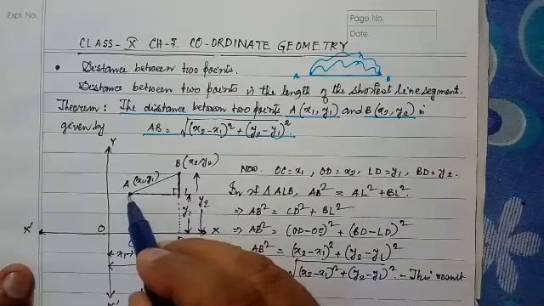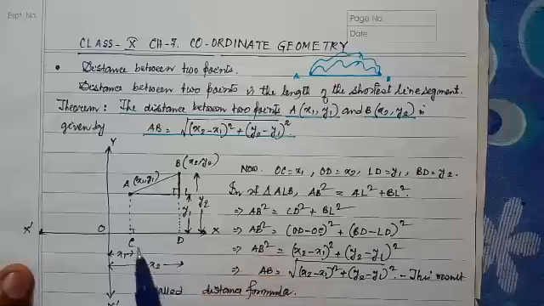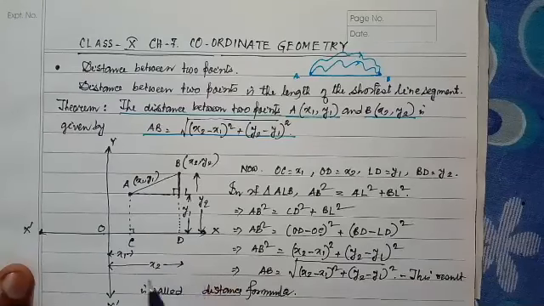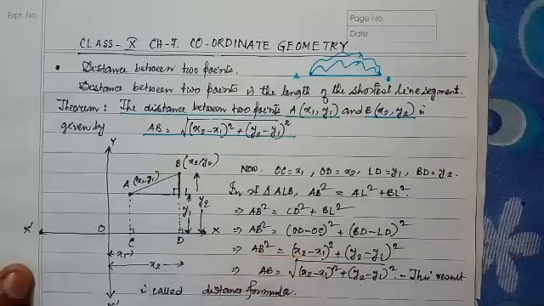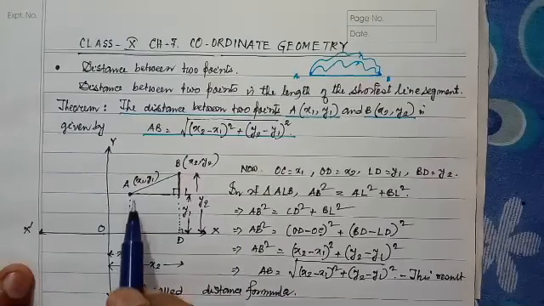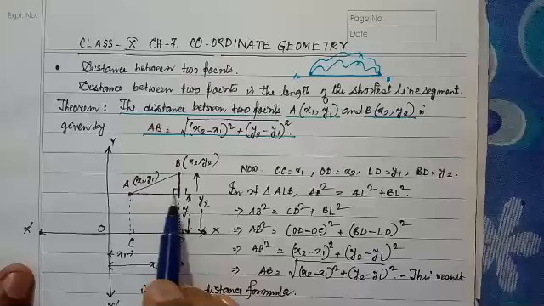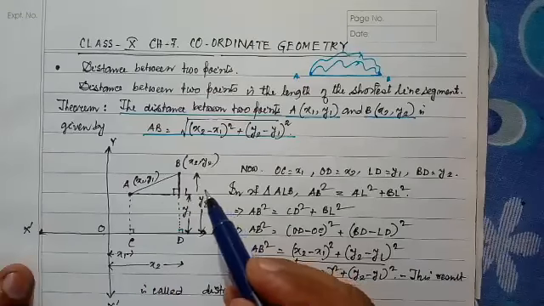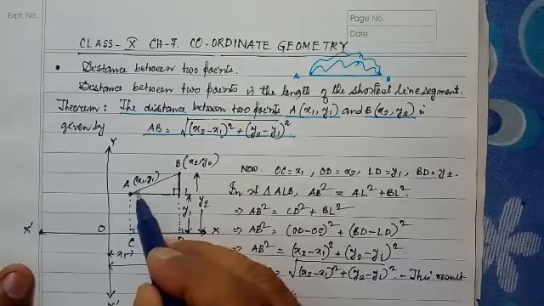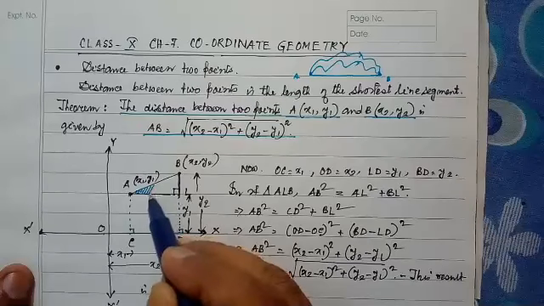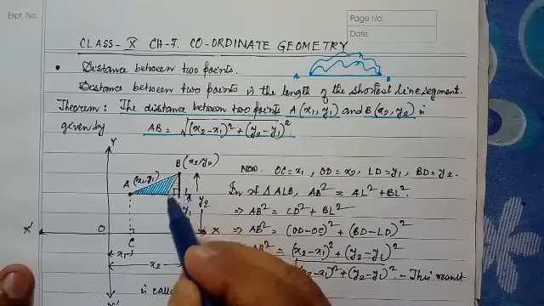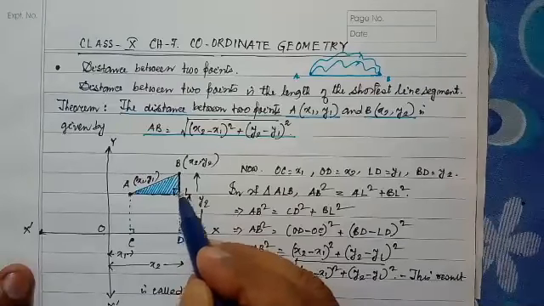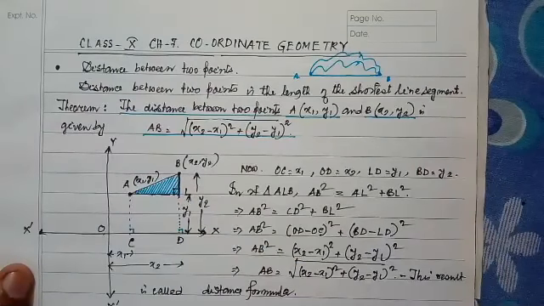First, from the point A, draw perpendicular AC on x-axis and draw perpendicular BD on x-axis, and then draw perpendicular AL on BD. Thus what we get, this is a right angled triangle, that is ABL is a right angled triangle.